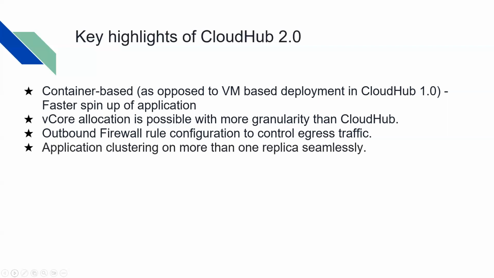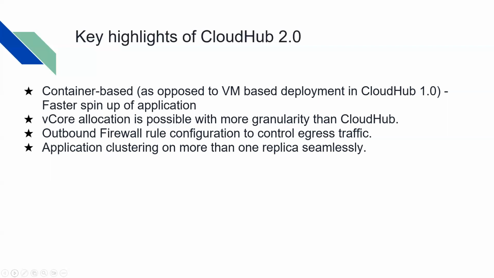Then application clustering on more than one replica can be done seamlessly. So once you deploy your application on CloudHub 2.0, if you select more than one replica, then automatically this clustering option will be available.